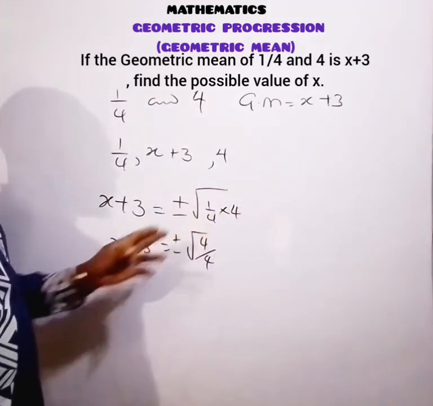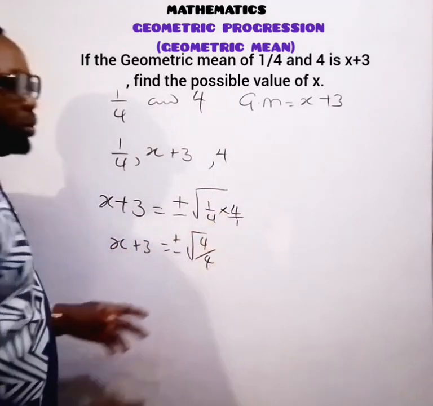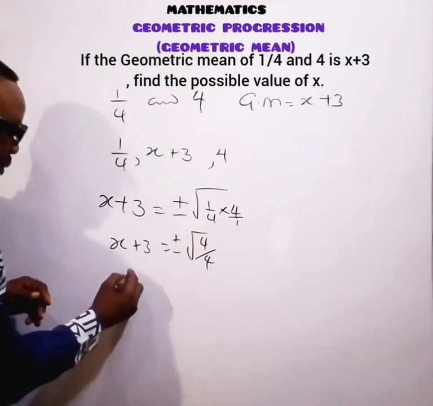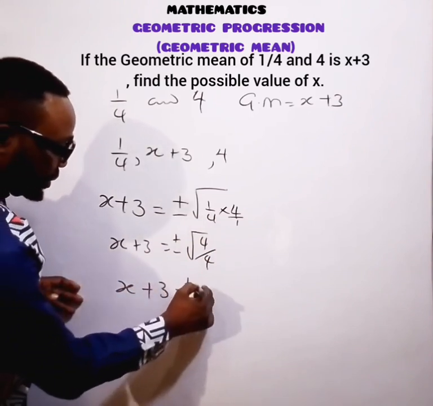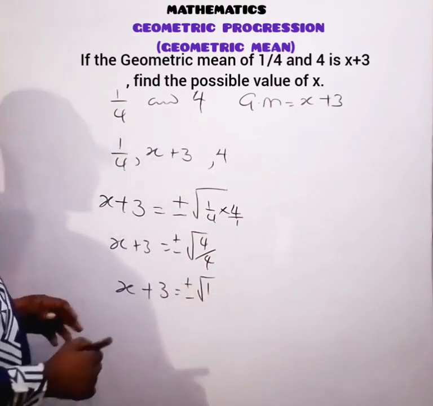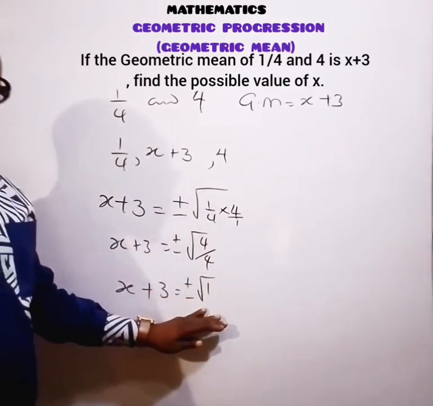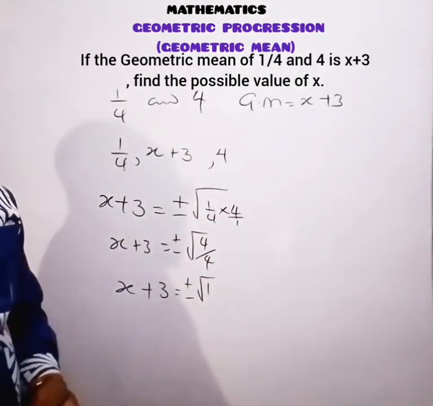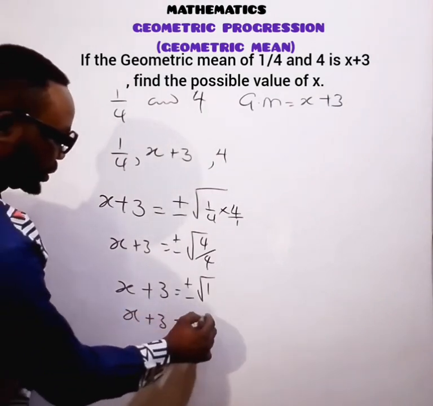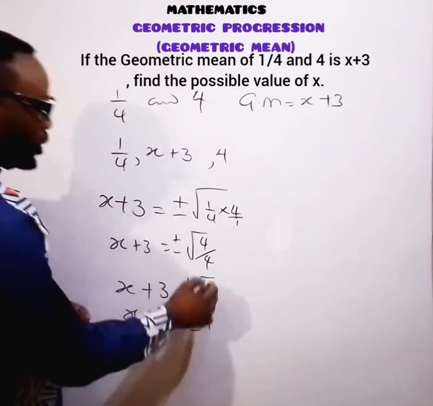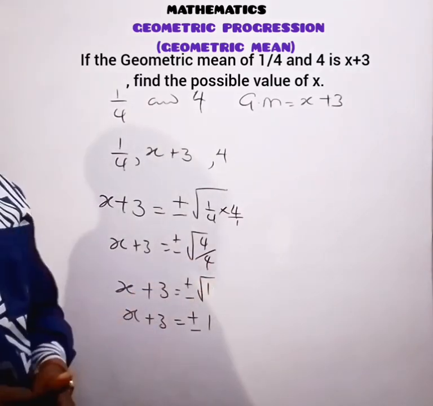4 times 1 is 4 over 4, because this one is as well equal to 4 over 1. So this becomes x plus 3 equal to plus or minus root 1. Which is going to be equal to x plus 3 equal to plus or minus 1. What is the square root of 1? It is 1.